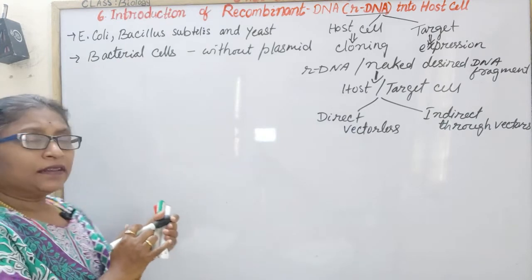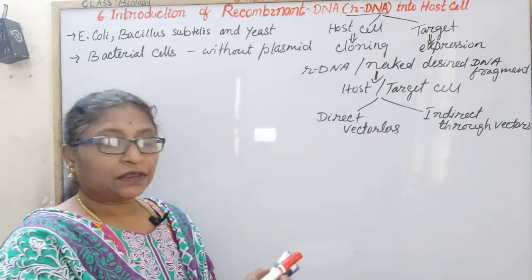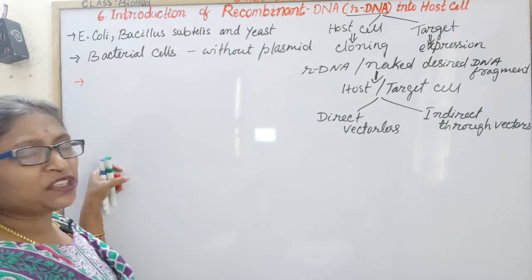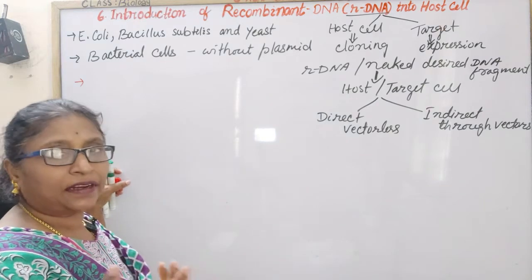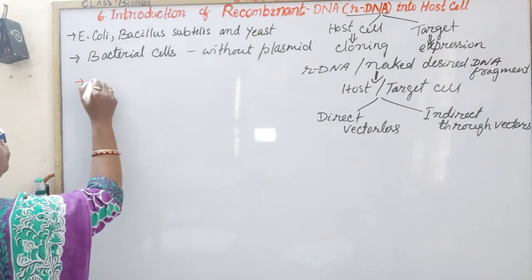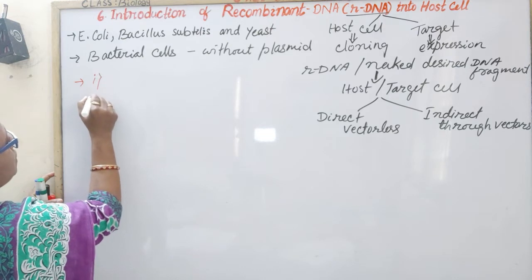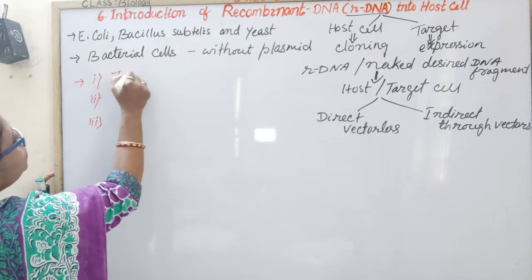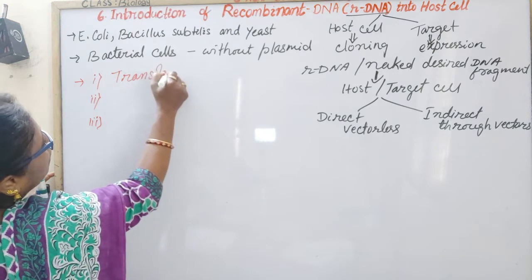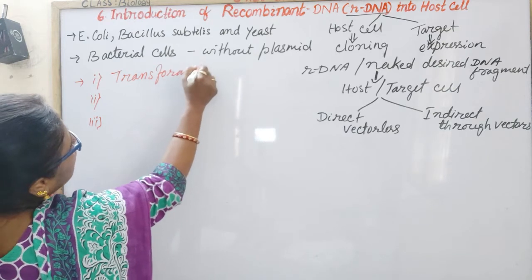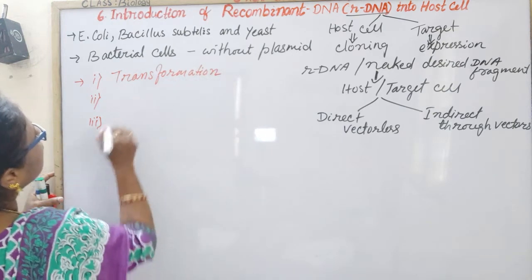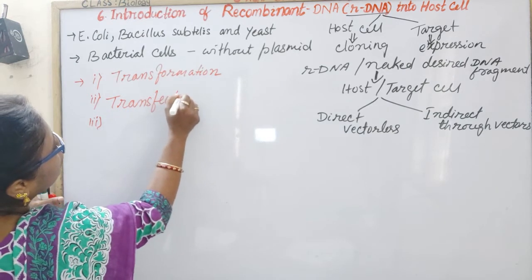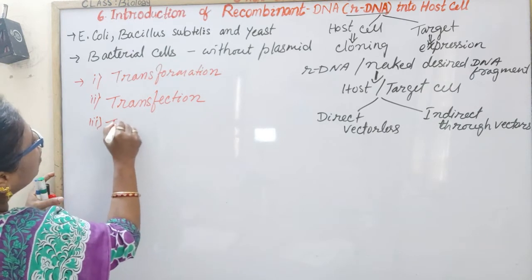Generally, the methods of transfer or introduction of rDNA or the naked desired DNA fragment occur through three processes: transformation, transfection, and transduction.